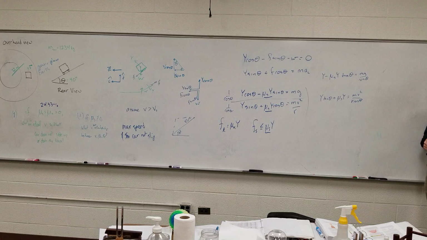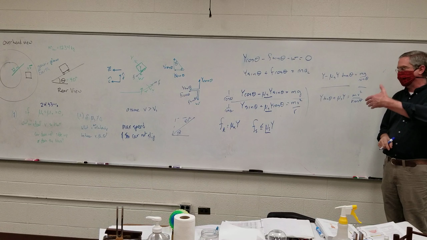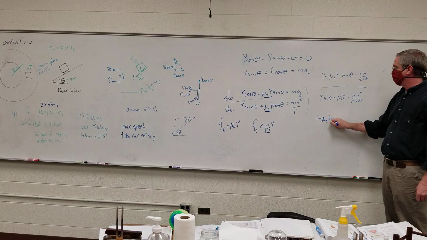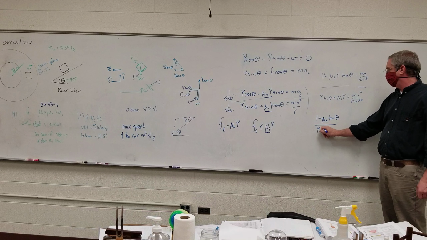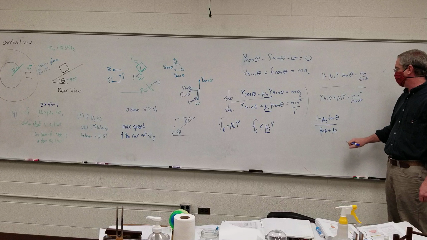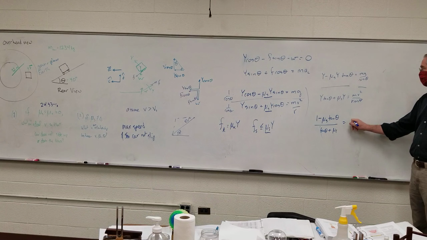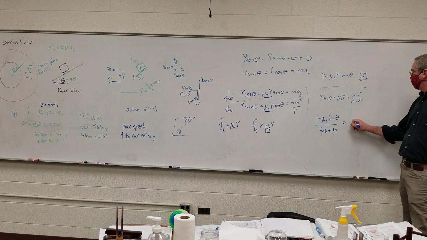Now we divide. The y's are going to cancel out on the left-hand side. You can factor it out and cancel it that way. Several ways of showing it, but I got 1 minus mu sub s tan theta over tan theta plus mu sub s is equal to, m's cancel out, cosine thetas cancel out, and you're left with g r over v squared.